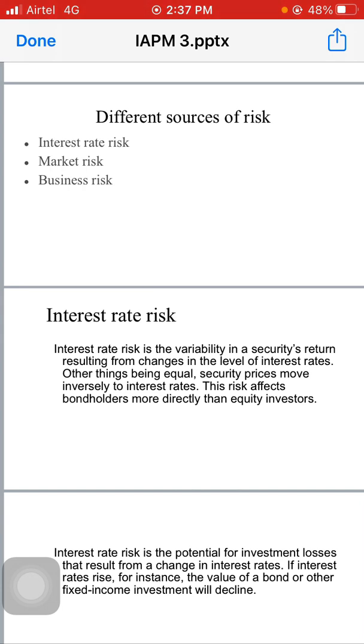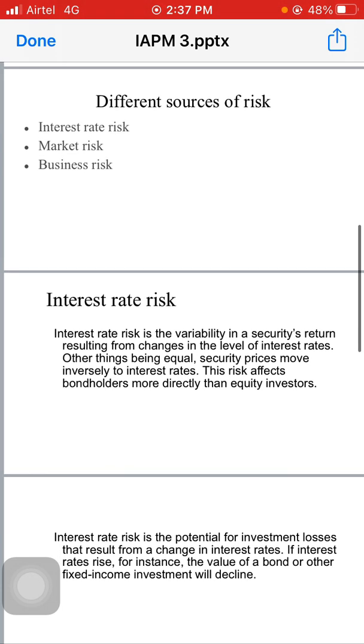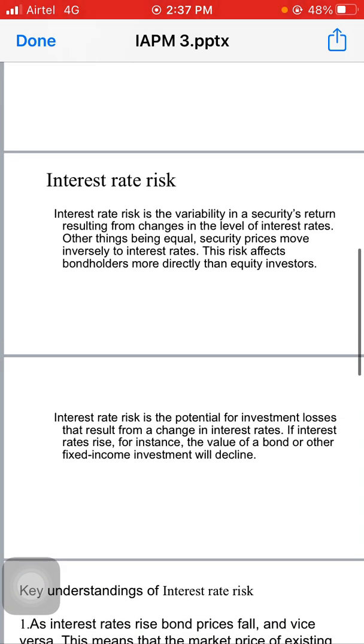How much they are going to get is decided by the percentage of interest which is fixed for such deposits, bonds or debentures. So when there is interest rate risk, shareholders are not that much affected. The people who get affected are debenture holders or bond holders.